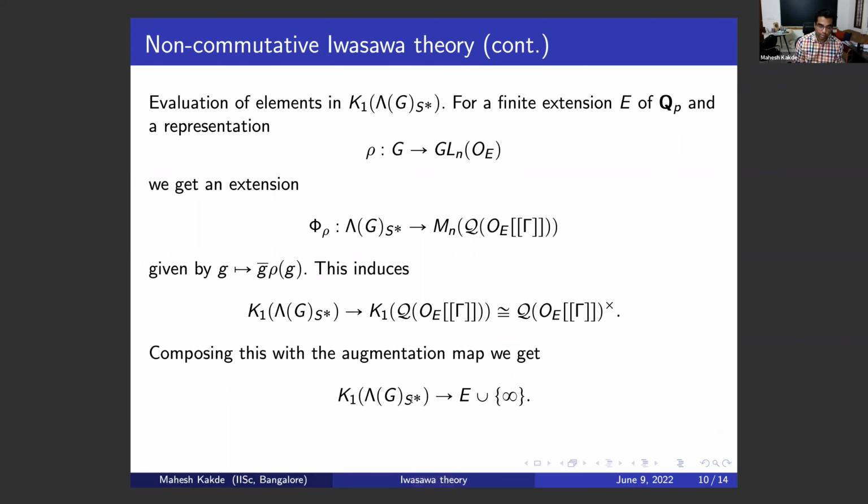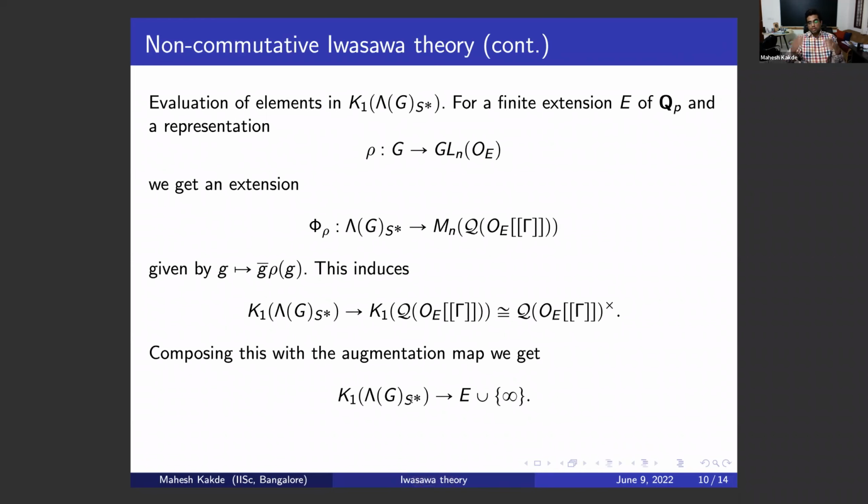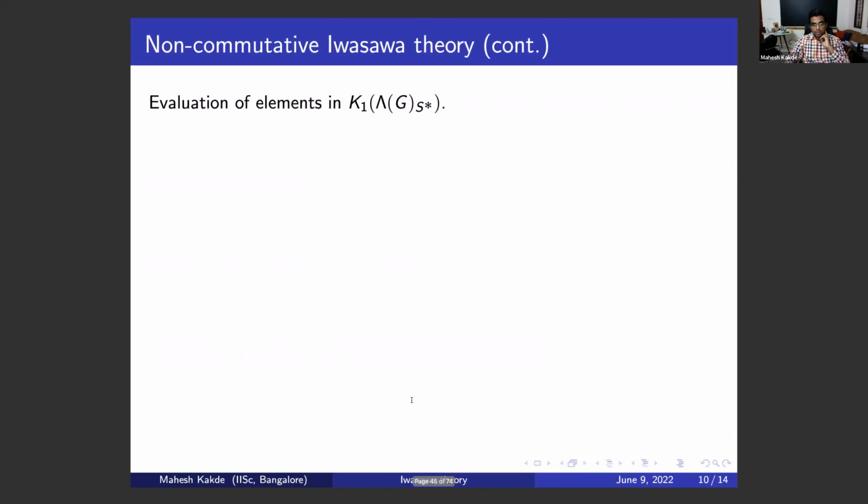You can formulate main conjectures for elliptic curves and so on, and those things are wide open. All right. So instead of telling you about main conjectures in non-commutative Iwasawa theory, I'm going to tell you about some other refinement of Iwasawa theory in a different direction.